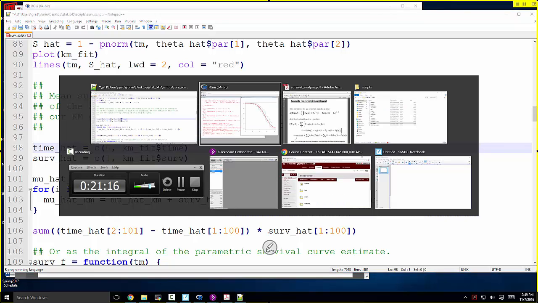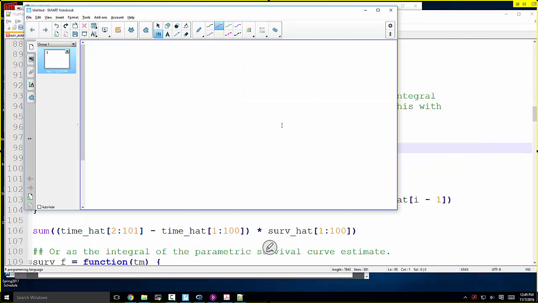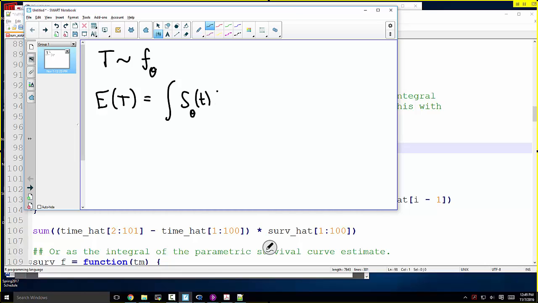There is a result that says if we have survival times t according to some distribution f with parameters theta, the expected value of t is equal to the integral of the survival function. It just turns out that that's true.